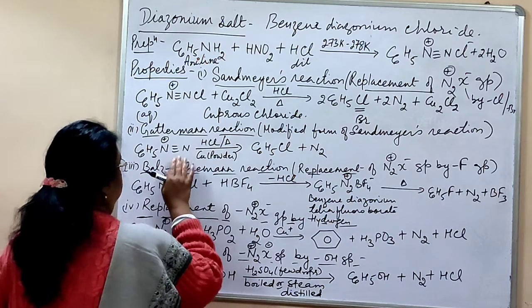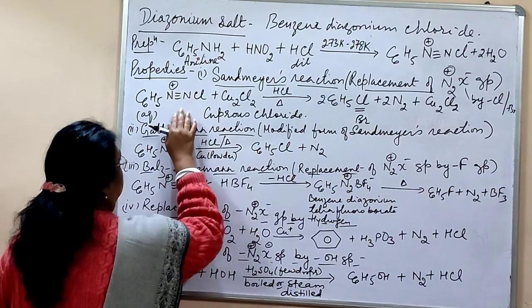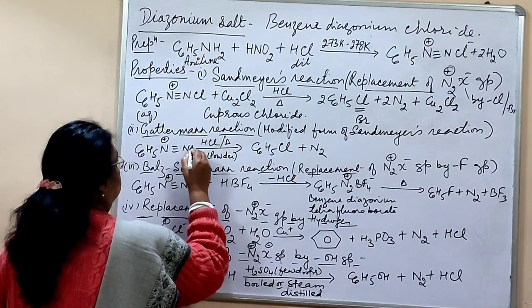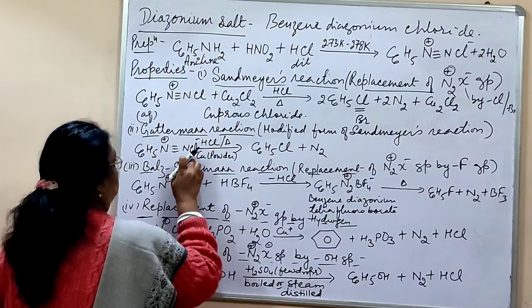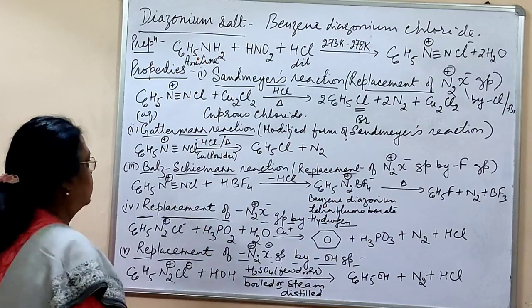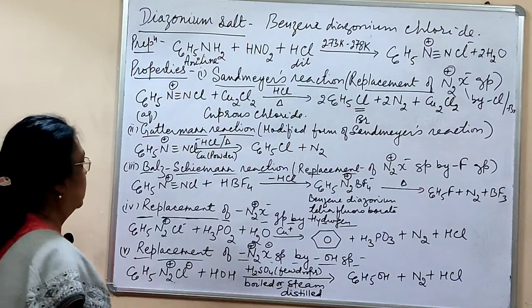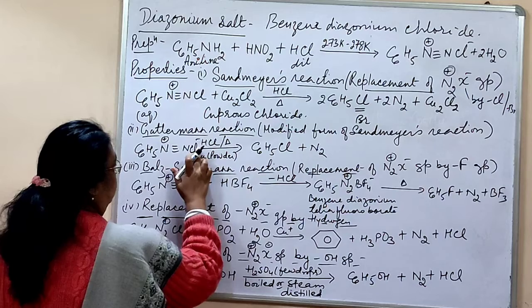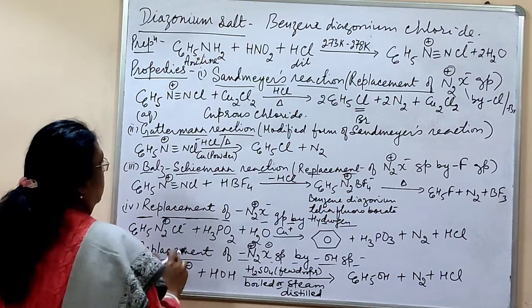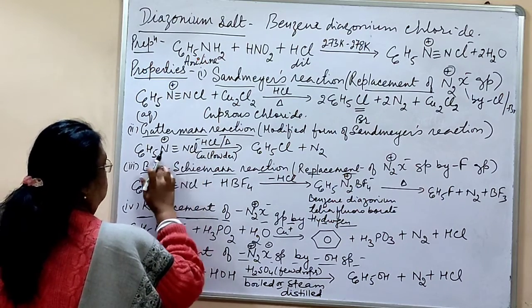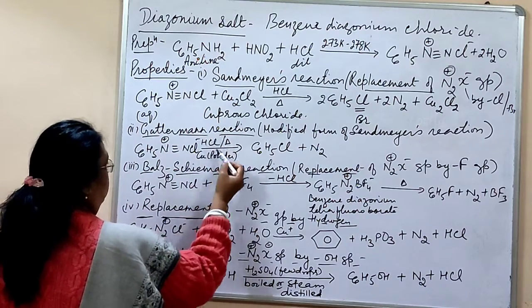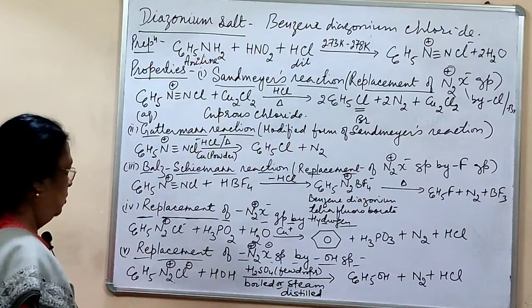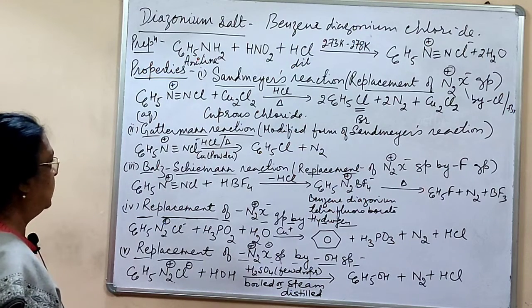So this reaction is less complicated than this one, but in both cases you have seen here Cl minus is also there. So this group is replaced, the chloro group is replaced by a bromo group also if we take HBr in place of HCl. So this N2 will be out and this Cl will be attached, and if we have Br here, then in place of chloro, bromobenzene will be obtained.